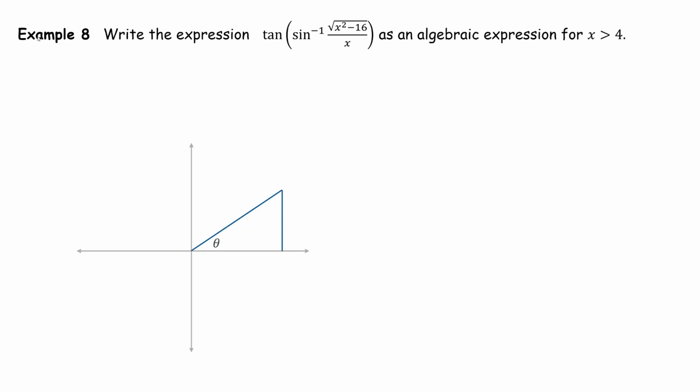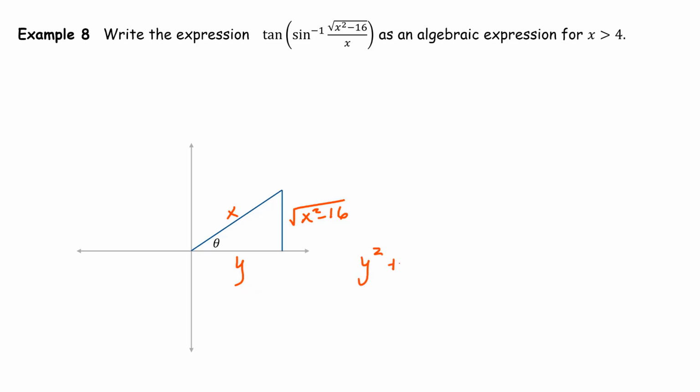If we draw that triangle for that angle, since the sine of this angle is square root of x squared minus 16 over x, the opposite side is the square root of x squared minus 16, and the hypotenuse is x. To find the other side, which I'll call y, I will just use the Pythagorean theorem.